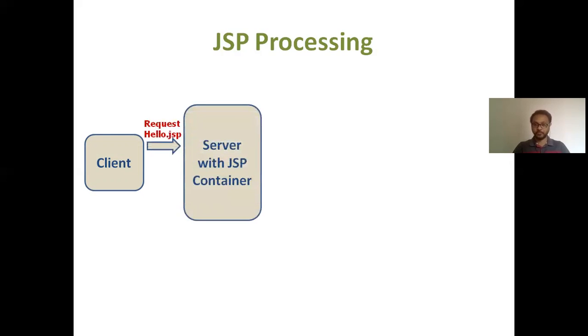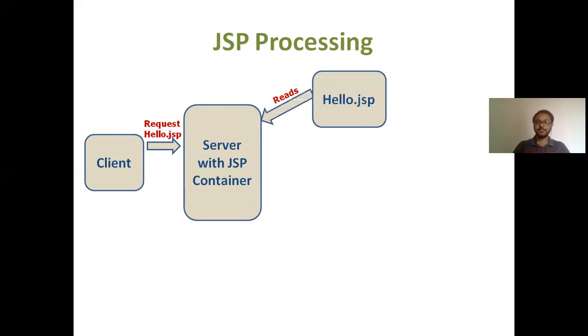So I'm going to have a client, consider me as a client. Now I'm going to request one JSP application, namely hello.jsp. We can consider here that hello.jsp is requested by the client to the server. Your server is going to have one JSP container. In this JSP container, as I mentioned earlier, we will be having the JSP pages.